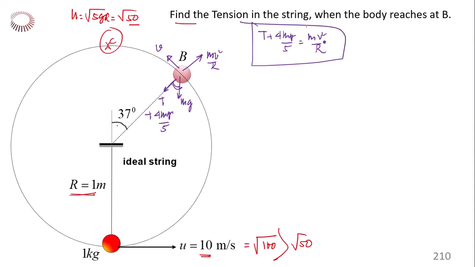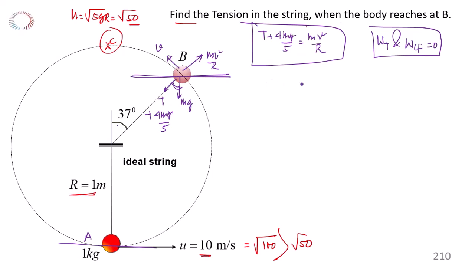Now I have to calculate also the velocity at that particular point. For that, I have to do the energy balance equation between point A and point B. And I know that in this type of situation, work done by the tension force and work done by centrifugal force, both are going to be 0. So the only thing I am left with is kinetic energy and potential energy.